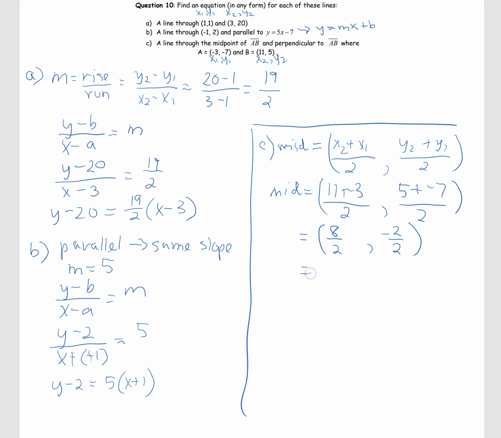Just simplifying that down, 8 over 2 is 4, and -2 over 2 is -1. So x equals 4, y equals -1 is the coordinates of my midpoint.